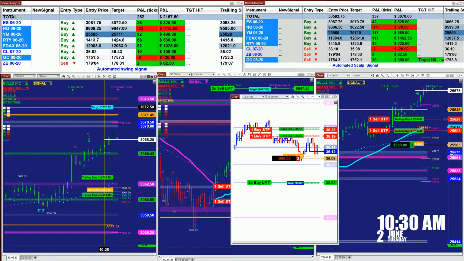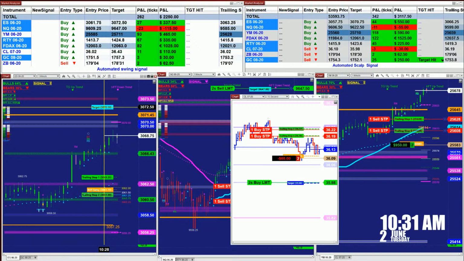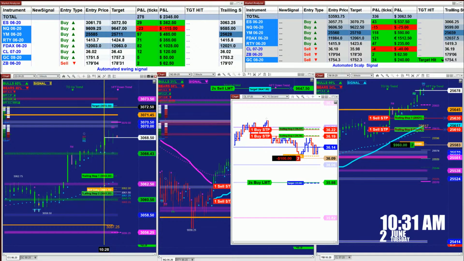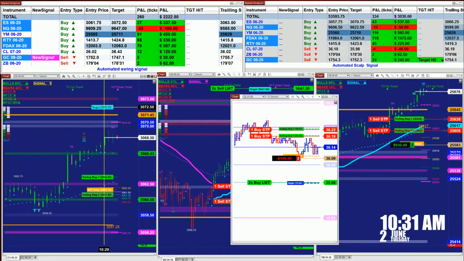That's very fine. But when you put in this fib line, the zone, then it will give you where the problem is on the way to the target. And this will tell the trader if he needs to cash in or he needs to hold. And as we see right now, the ES starts sinking.